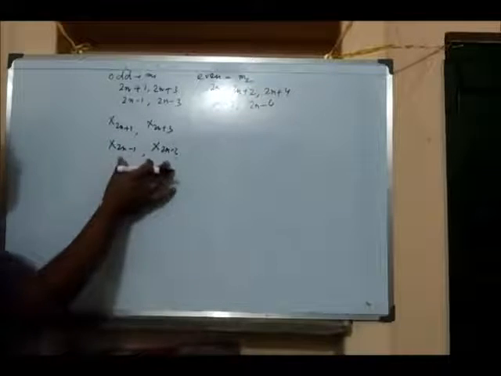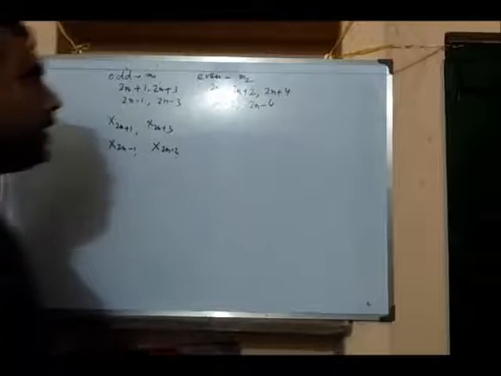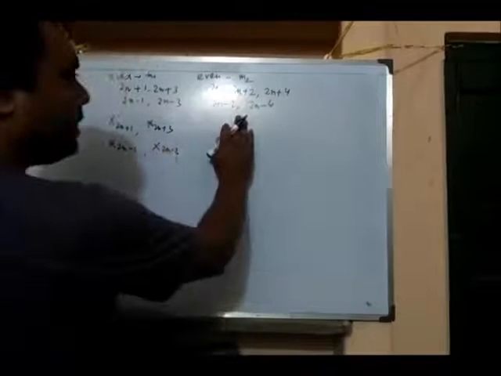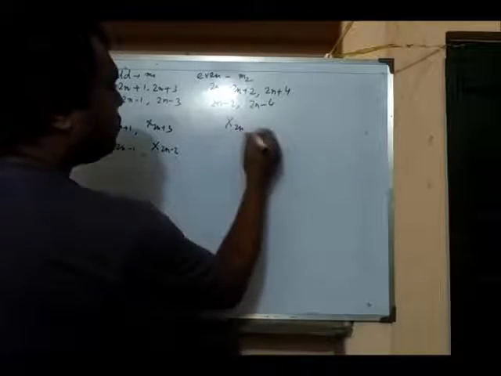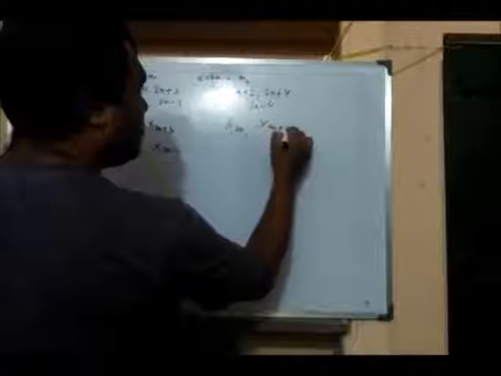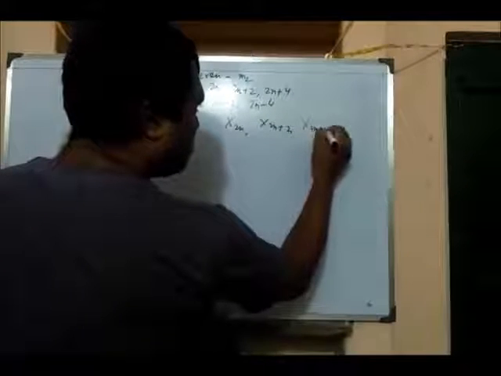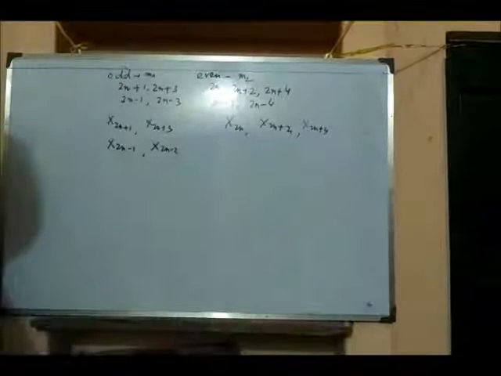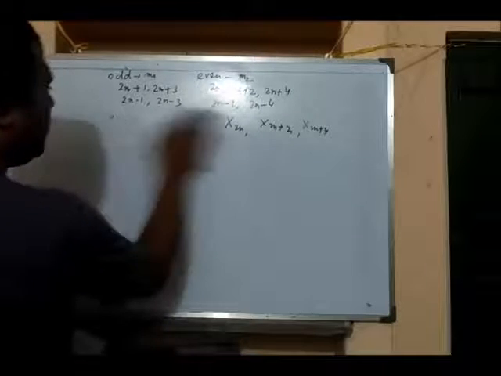So this displacement is suffixed by these odd numbers, and the displacement of the even atoms is x suffixed by an even number. So x2n is the displacement of the 2nth atom, x2n+2 is the displacement of the (2n+2)th atom, x2n+4, and in the same way. We are considering that these are the displacements from equilibrium position of any particular lattice point.